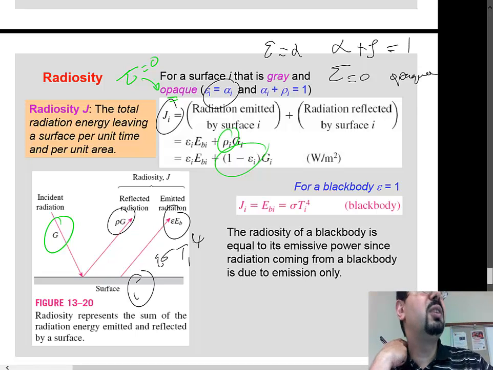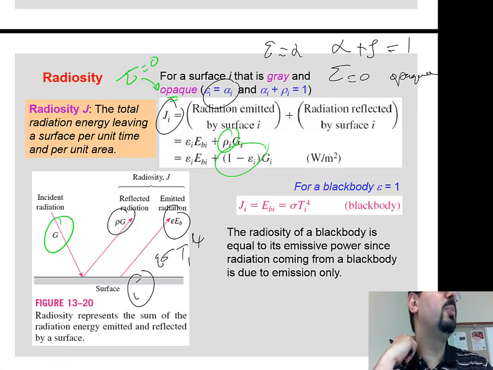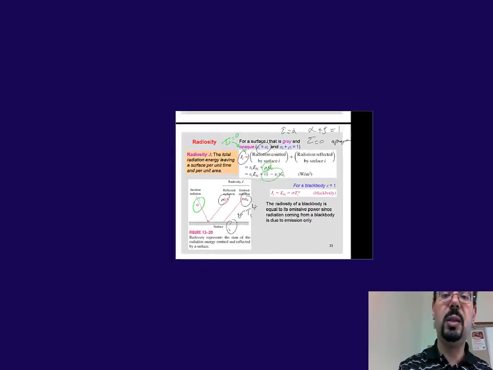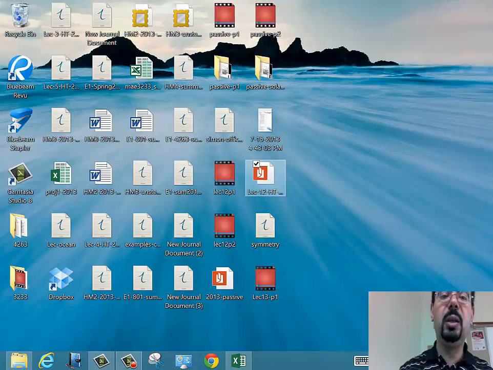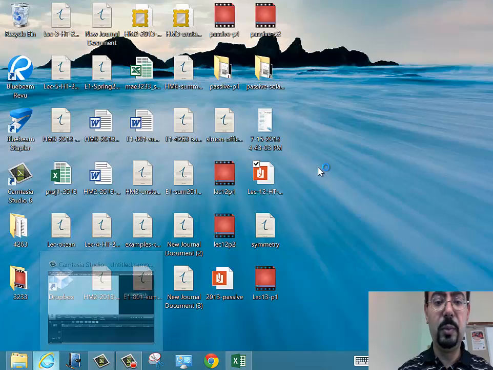Some surfaces don't have alpha equal to epsilon. Alright, for example, you know the solar heater, this black sheet, you know how it looks, right? Solar heater? Does anyone? I see your eyes telling me that you haven't seen a solar heater before.